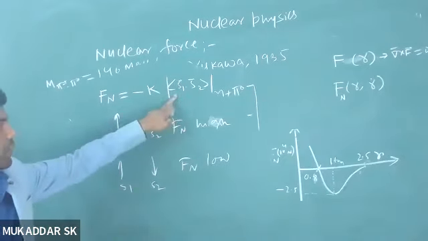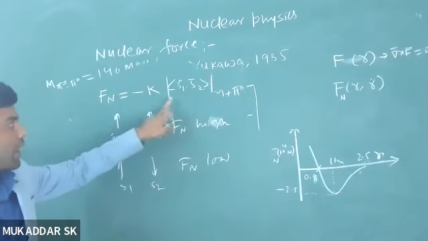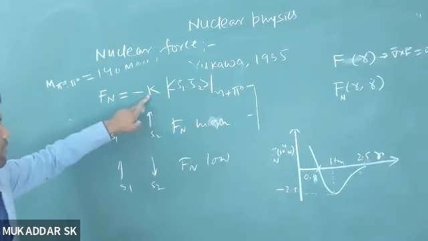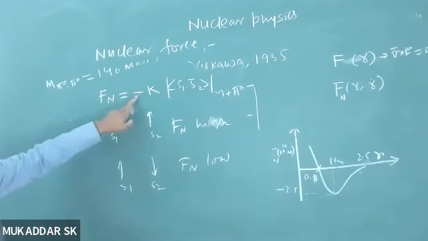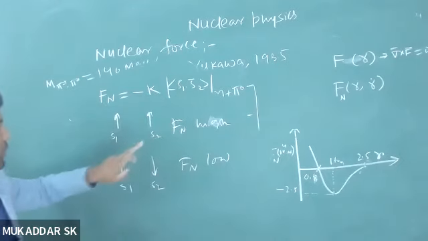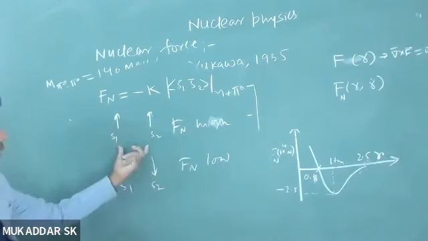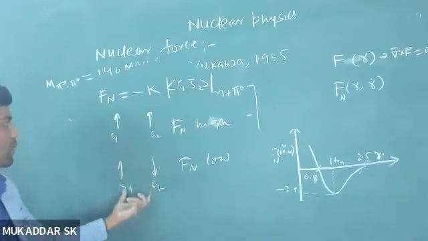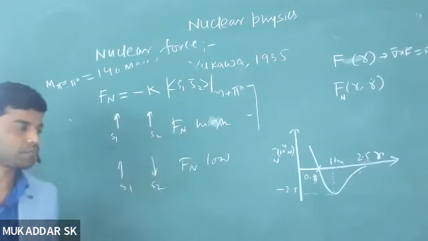From this expectation value of S1 dot S2, k is some constant, and in front of that you have a minus sign representing attractive nature. However, S1 dot S2 value depends upon whether they are parallel or anti-parallel. If they are parallel, you will get large value. If they are anti-parallel, this value will be small.